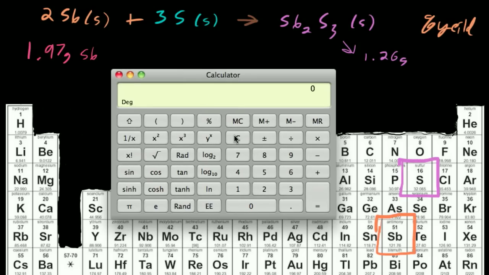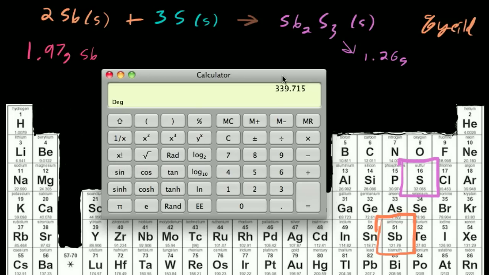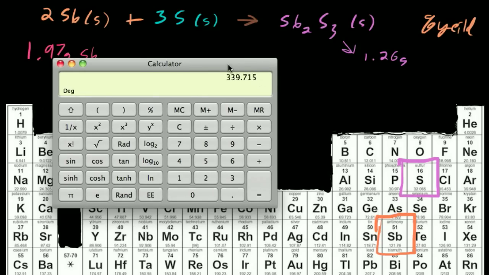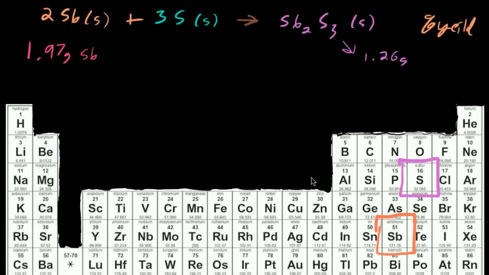Antimony is 121.76, and we multiply that by 2. Then we add to that, using parentheses, 32.065 multiplied by 3. Our molar mass for Sb2S3 comes out to 339.715.